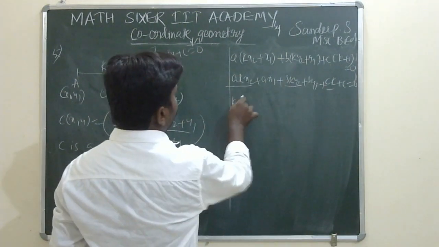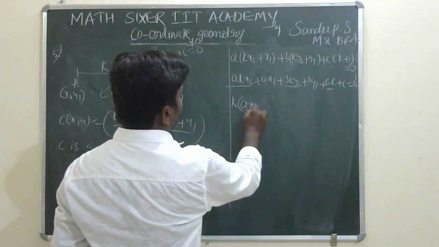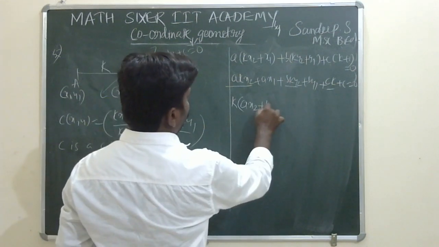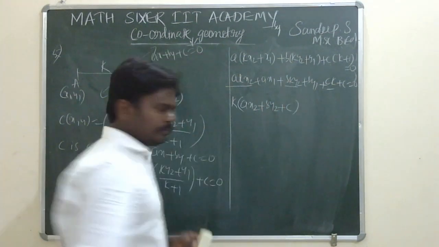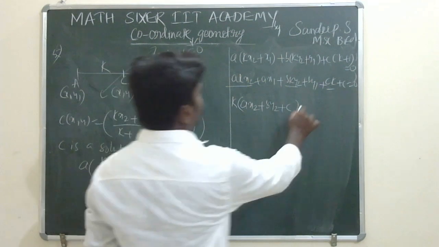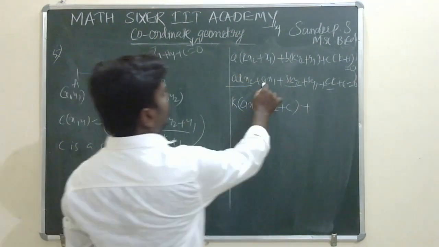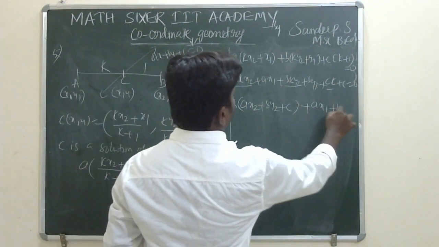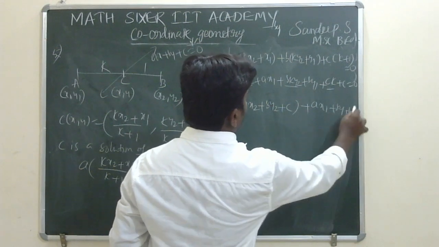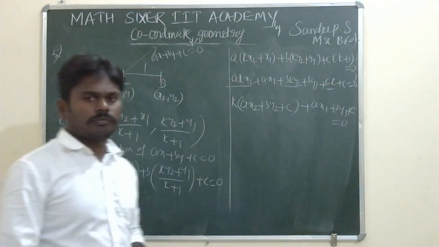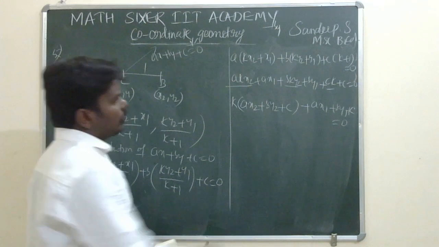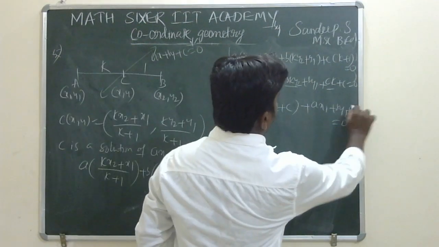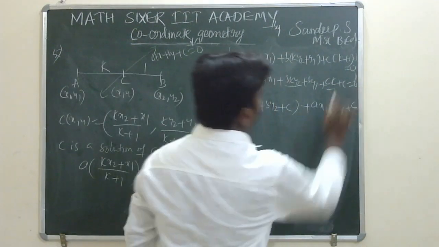So when you take k common, you will get a x2 plus b y2 plus c, plus here a x1 plus b y1 plus c is equal to 0.